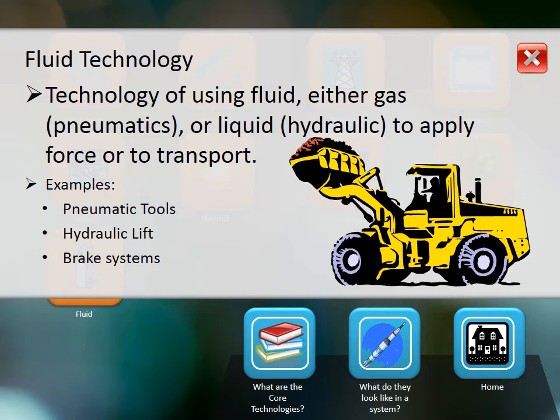We have pneumatic tools, which are gas operated, a hydraulic lift, which would be liquid operated, and brake systems, which are liquid operated. Those are the fluid technologies. How do we get the items to perform the way we want them to perform?